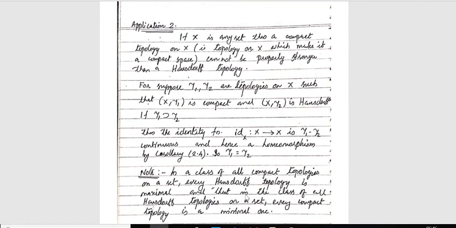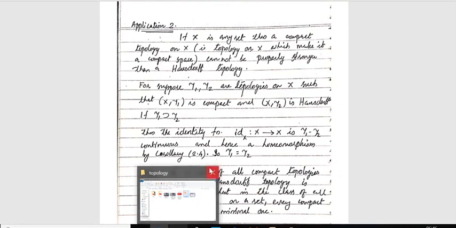Now as a note you can have from this result, in the class of all compact topologies on a set, every Hausdorff topology is maximal, and in the class of all Hausdorff topologies on a set, every compact topology is a minimal one.